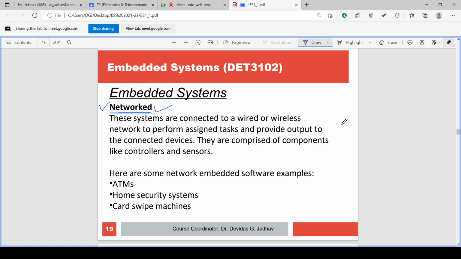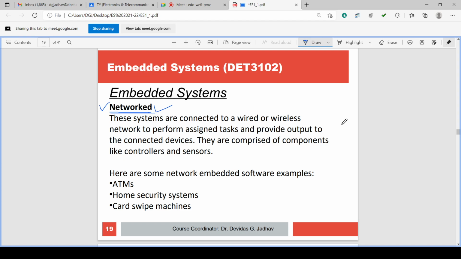These systems are connected to a wired or wireless network to perform assigned tasks and provide output to connected devices. They have components like controllers and sensors.